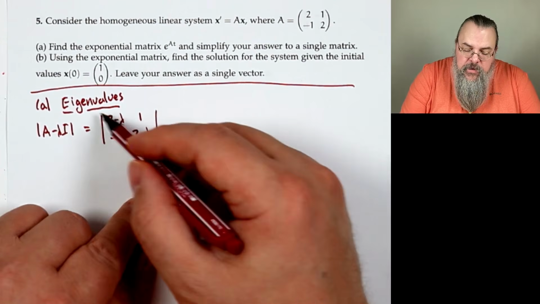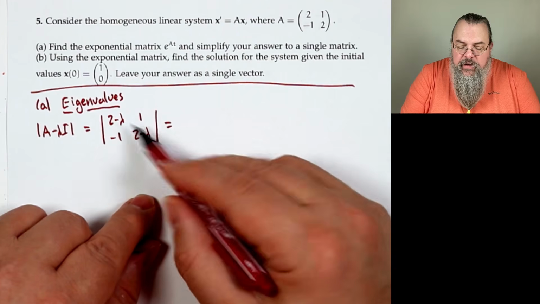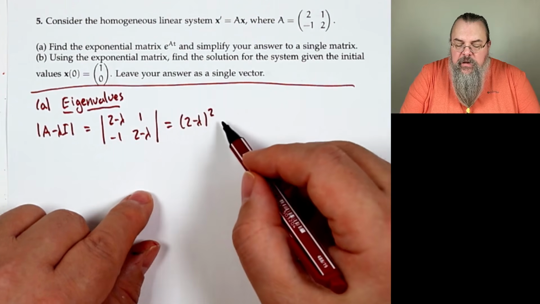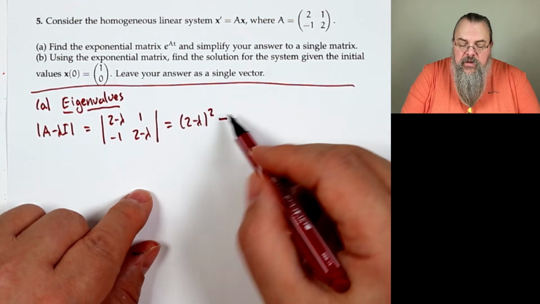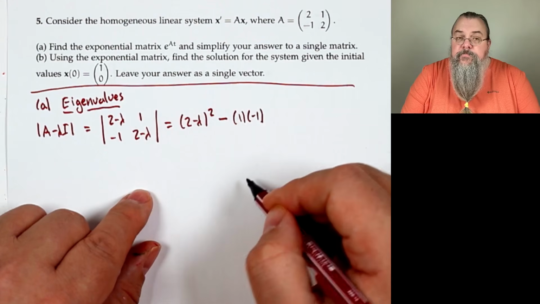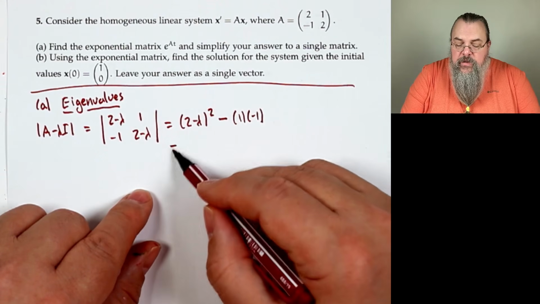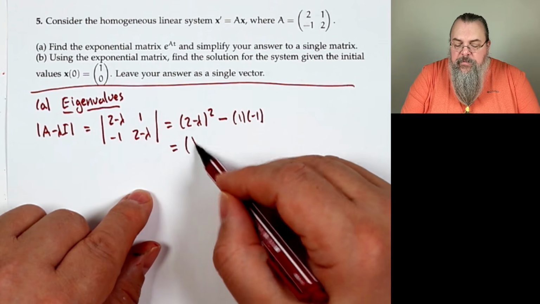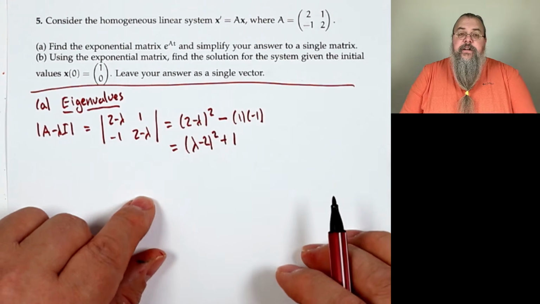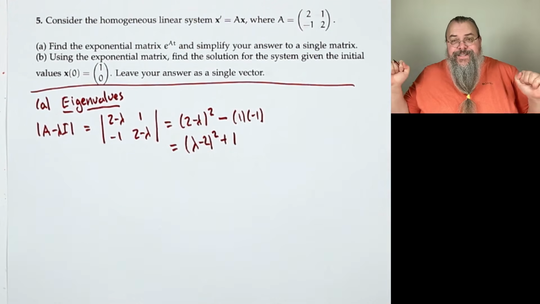And all right, so taking that, we have 2 minus lambda squared, and subtract our 1 times a negative 1. Notice that 2 minus lambda squared is the same as lambda minus 2 squared, and then you get a plus 1. Now, let's pause before we go any further.